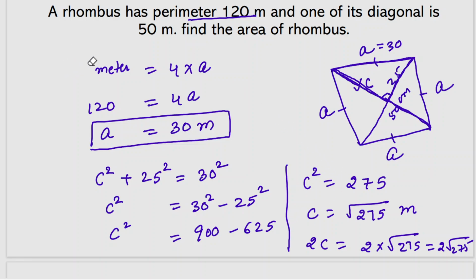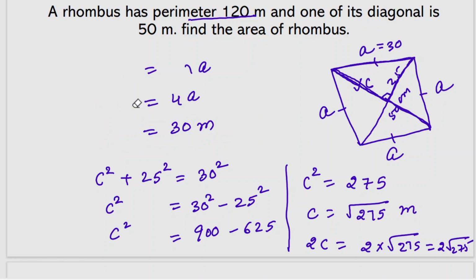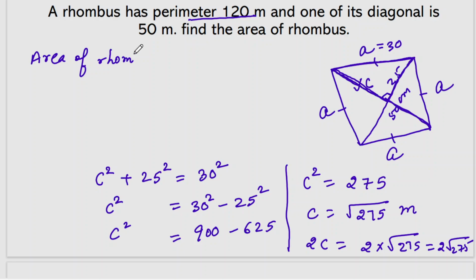So what is the area of the rhombus? Area of the rhombus is, so we write it here, area of rhombus equal to half into d1 into d2.